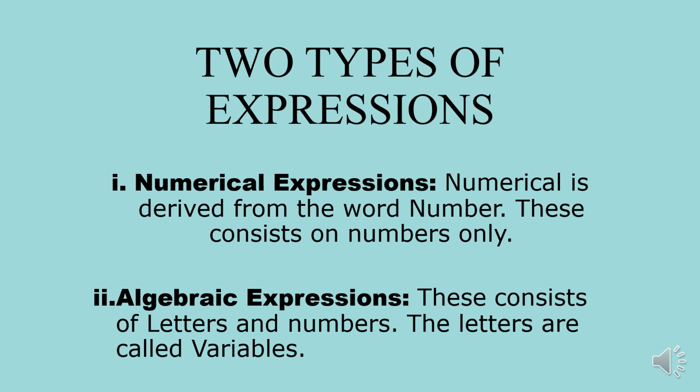An expression where you just see numbers only, from grade 1 up to grade 7, we've mostly dealt with numerical expressions, with no letters involved. Now in grade 8, we're going to coin together numbers and letters. Let's jump into another slide and get some more details.